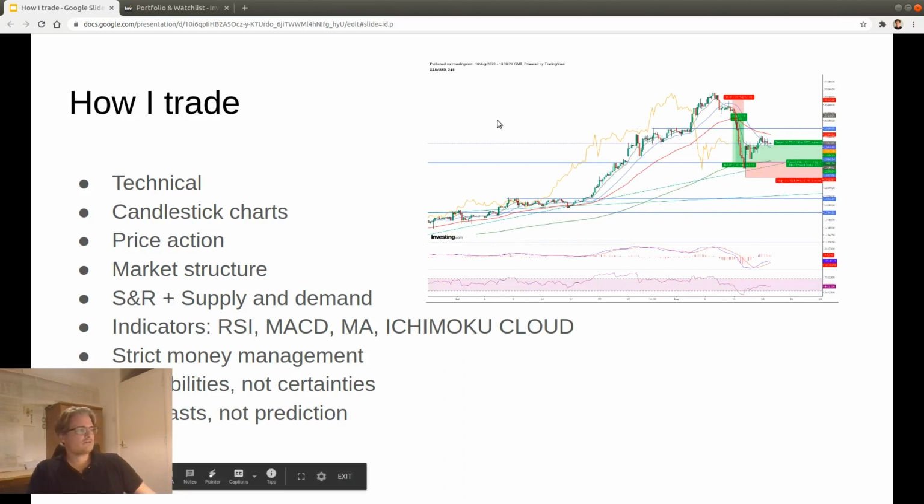So here on the right side you can see one of the charts that I look at on a regular basis to see if I can place a trade, and this chart is called a candlestick chart. So I use mostly candlesticks.